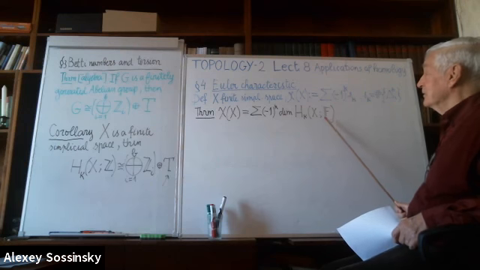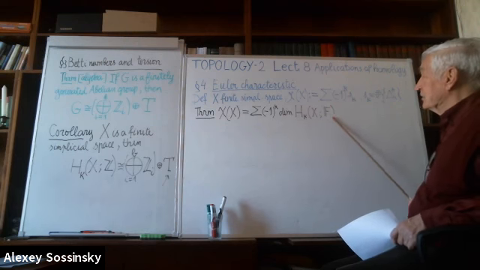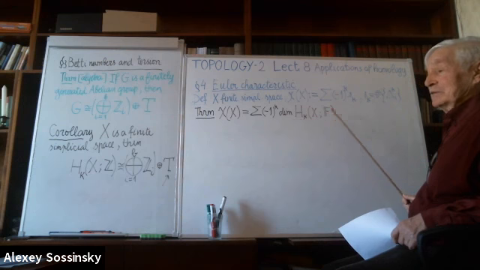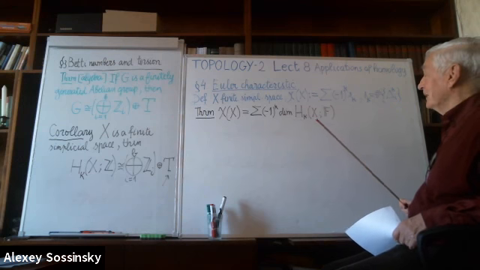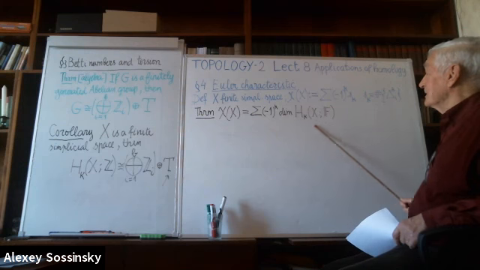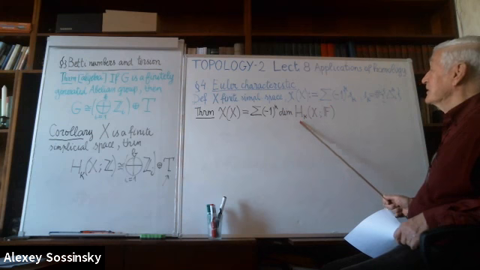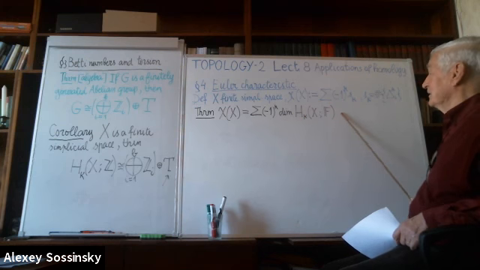In that situation, the homology groups are actually linear spaces over that field. So this is a linear space, and dimension means dimension in the sense of linear algebra.